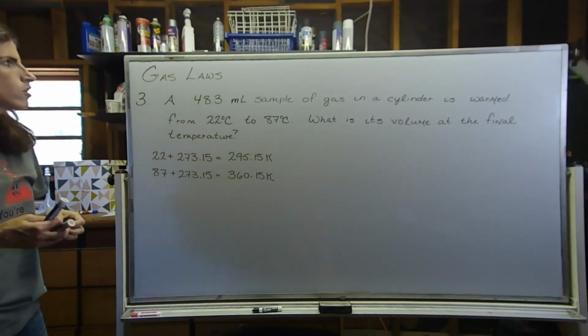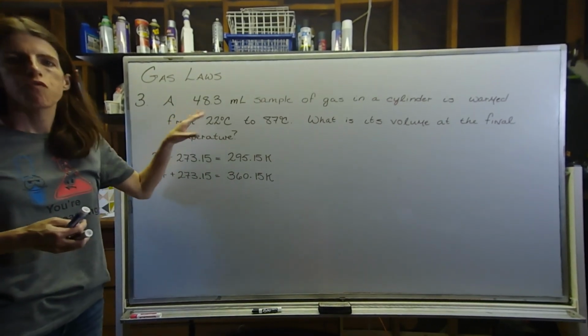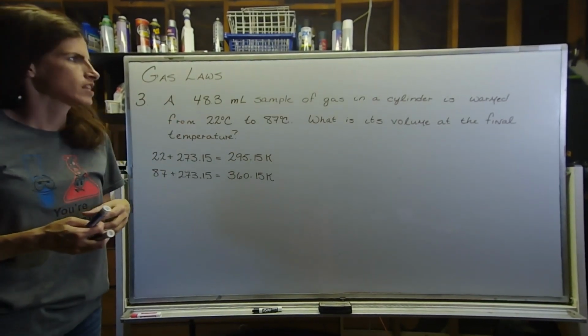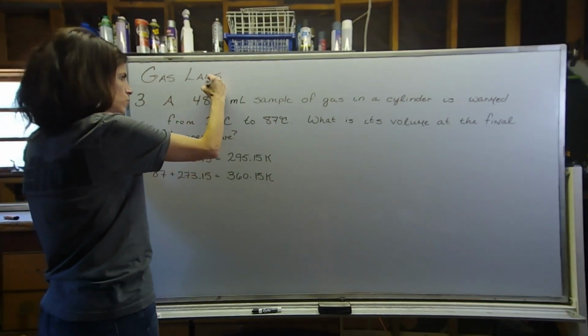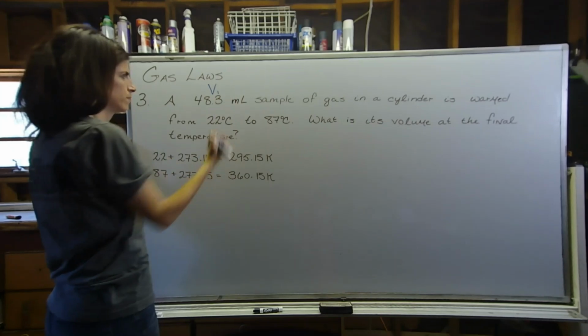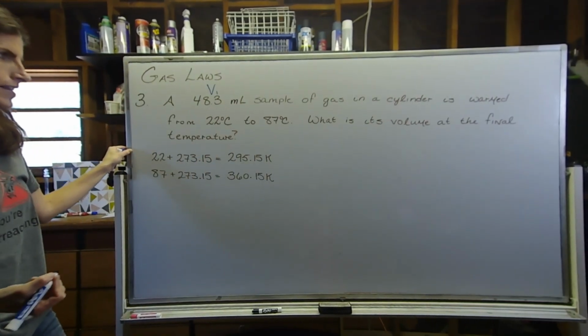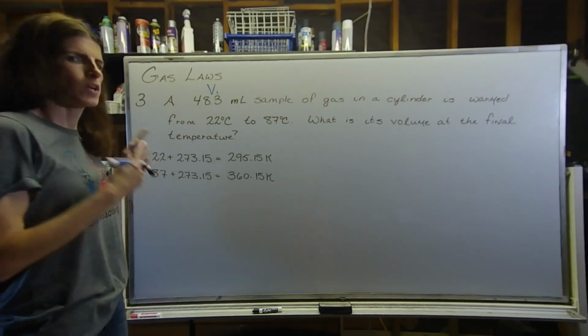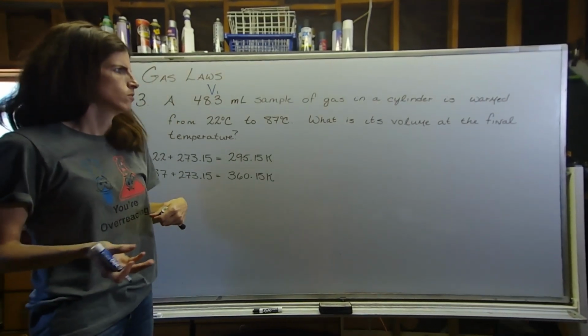Let's set up a Charles's Law problem together. So we have a 48.3 milliliter sample of a gas. I'm going to just arbitrarily call that V1. And they warmed it from 22 to 87 degrees Celsius. So here I have to think, who is T1 and who is T2?